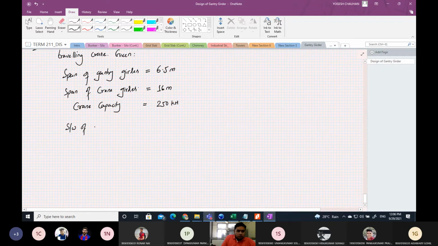The self weight of crane girder, this is excluding the weight of trolley, is equal to 200 kilonewton. Then the self weight of trolley is 50 kilonewton.